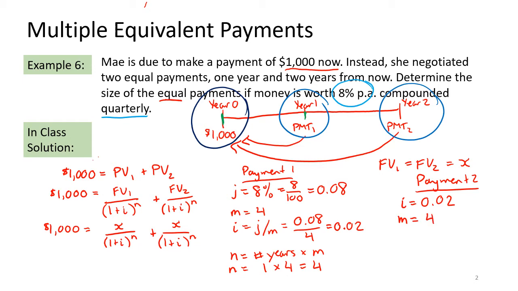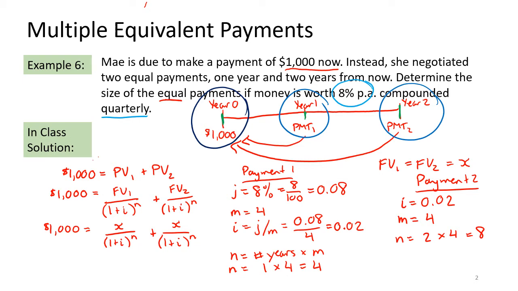But our number of compounding periods, n, is equal to the number of years multiplied by the number of compounding periods per year, m. And in this case, we're at year number 2, which means we're 2 years ahead from this initial debt, which is worth $1,000 today. So that means n is equal to 2 multiplied by 4, which gives us a value of 8.